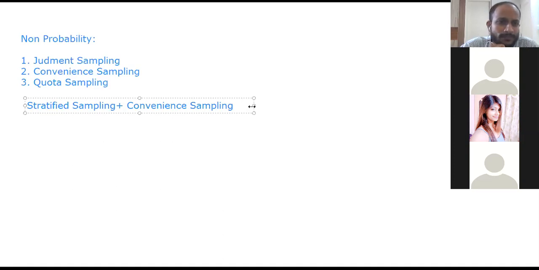Now, if I'm using simple random sampling, I write every student name in a sheet, and I will be shuffling it and choosing accordingly. That is, I will not differentiate between BCU and AU students. I'll be writing all the students' names, and whoever's name is coming, it may be all 10 might be AU students, or all 10 might be BCU, or 5 might be BCU, 5 might be AU. That doesn't matter for me.